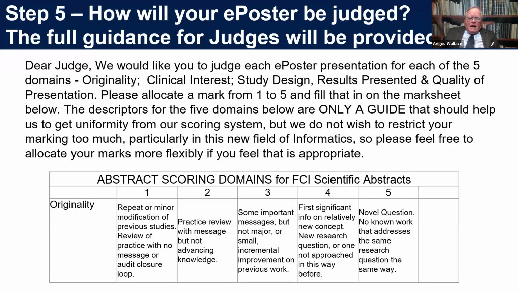We will probably have between 8 and 10 judges marking your ePoster so that bias is reduced to an absolute minimum. And within each category that we have identified, originality, clinical interest, study design, results presented, and quality of presentation, you get a mark from 1 to 5.